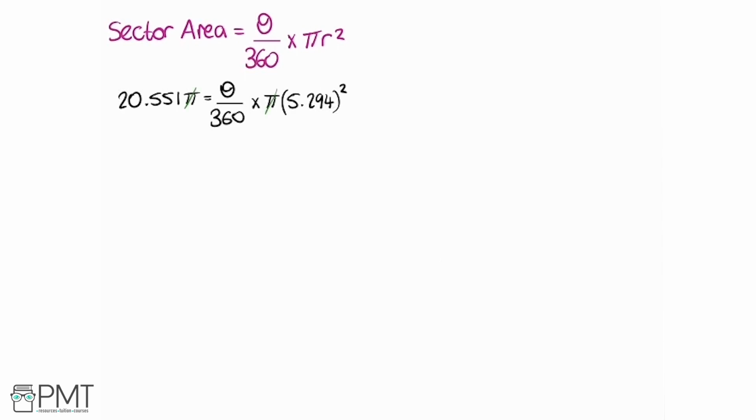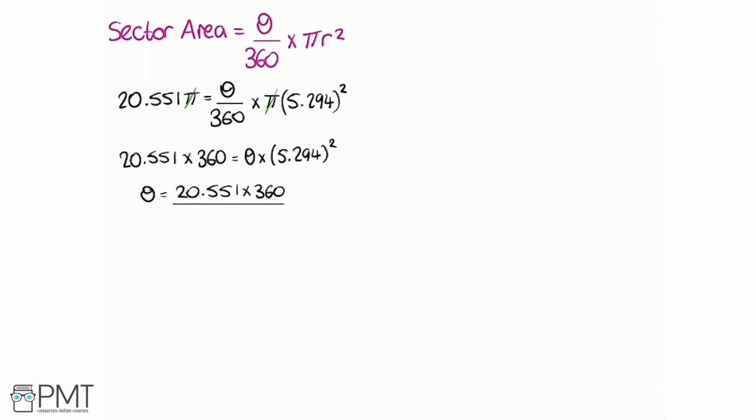And if I multiply both sides by 360, I'm going to get 20.551 multiplied by 360 equals theta multiplied by 5.294 squared. If we divide both sides by this, we're going to get theta is 20.551 multiplied by 360 divided by 5.294 squared. And I'm going to just put all of this into the calculator very carefully.